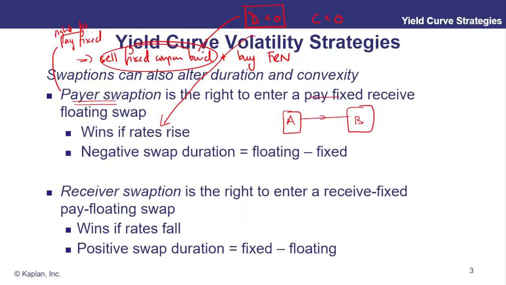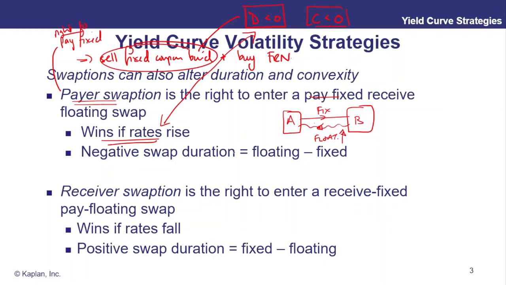If you pay fixed and you receive floating, you're going to win. Even if it's the right to do that, you're going to win when that floating rate goes up and you choose to do it. So you win if rates rise, therefore you've got negative duration. You could have got there that way. They don't mention convexity on the slide, but I think the curriculum does mention this negative convexity when we're dealing with paying away the fixed leg also.